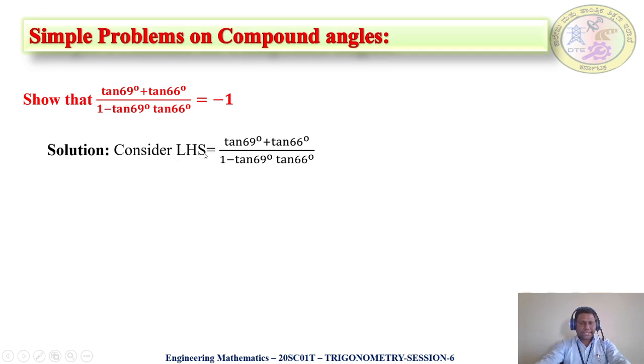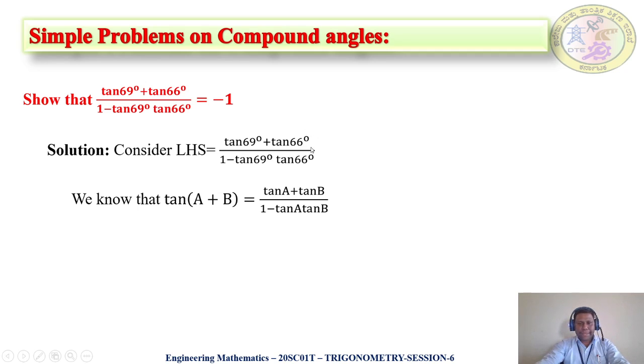So consider LHS is tan 69 degree plus tan 66 degree whole divided by 1 minus tan 69 degree into tan 66 degree. And as I said, this is of the form tan A plus tan B by 1 minus tan A tan B, and that formula is tan of A plus B. And here in the place of A, it is 69 degree.